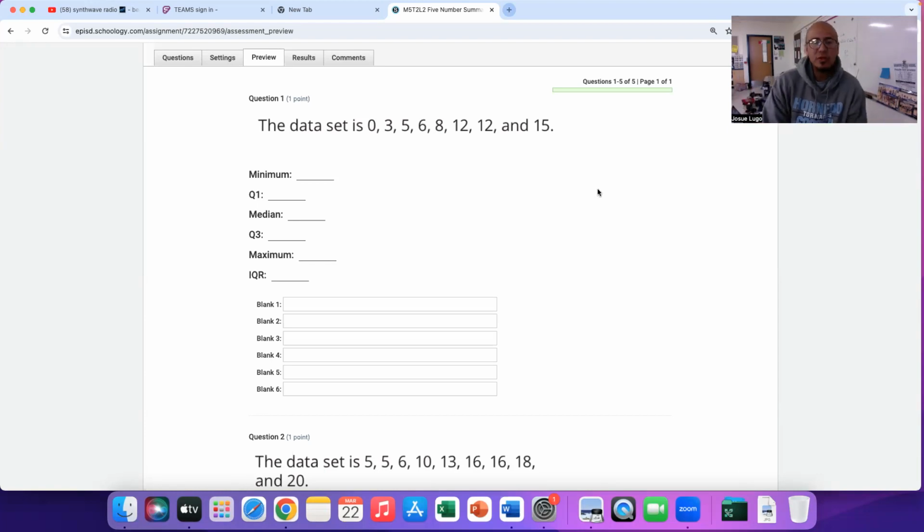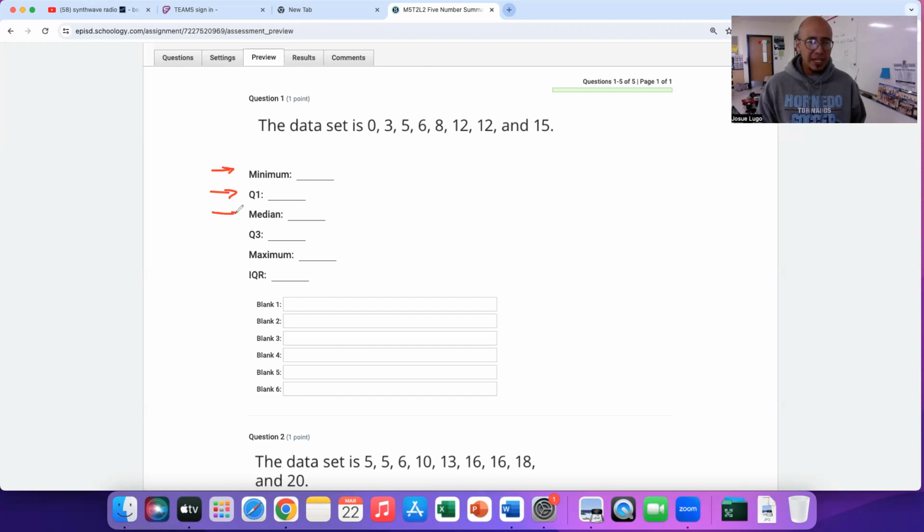And so today, what I want to do is go over some examples of today's lesson, which is the 5-number summary. Remember that the 5-number summary, ladies and gentlemen, is really just about finding these 5 items. We're finding the minimum, the Q1, otherwise known as the lower quartile or the lower median.